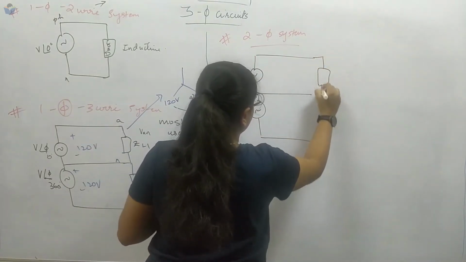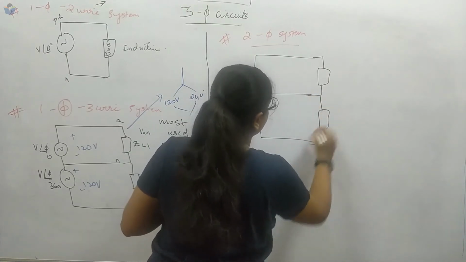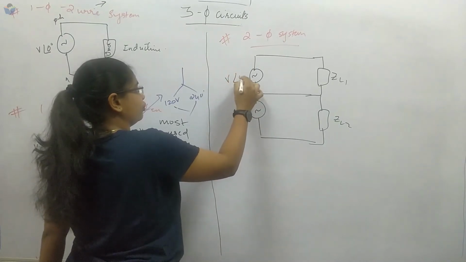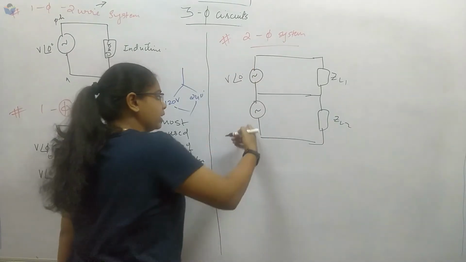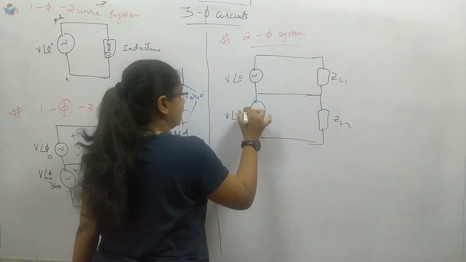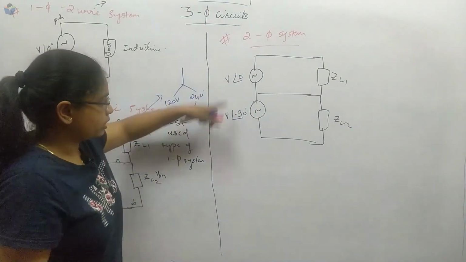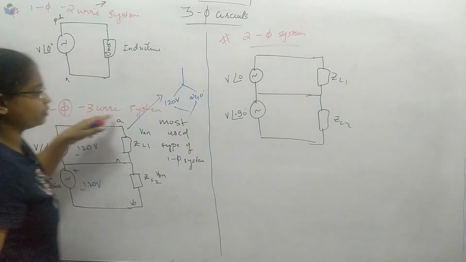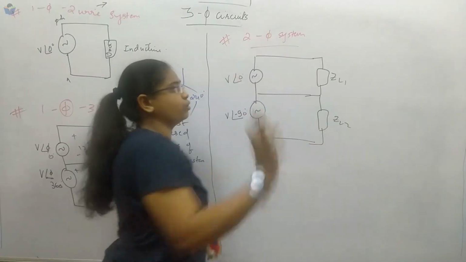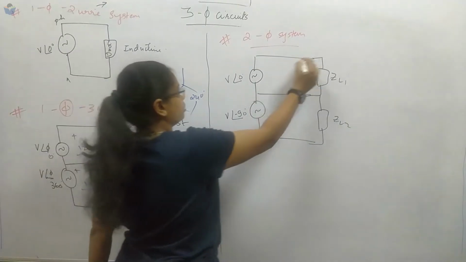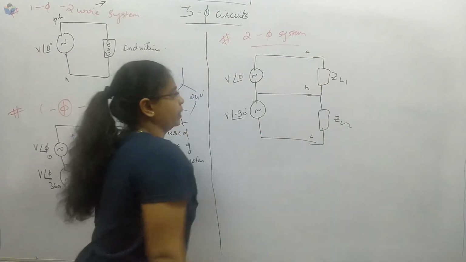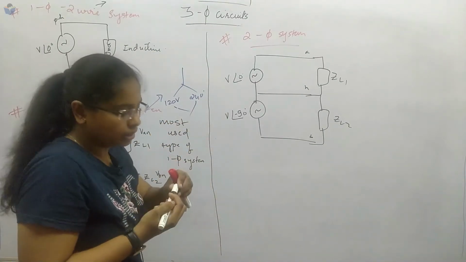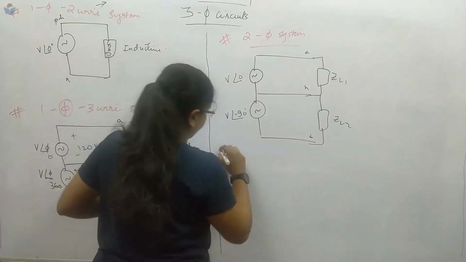This is ZL1, this is ZL2. This is V angle. If I take this voltage source as 0 degree, then the other will be displaced by 90 degree. So this means it is a 2 phase system. Same angle, single phase 3 wire system; different angle, 2 phase system. Here also this is A, this is neutral and B. There is one more formula to find the angle displacement. We will see it after seeing the 3 phase system.